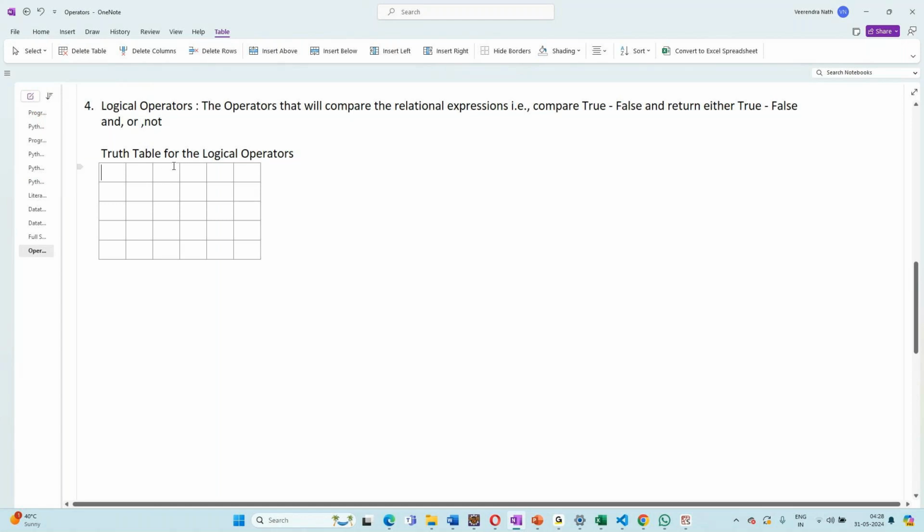Here I will take relational expression 1 and relational expression 2, and here I will say relational expression 1 and relational expression 2, then relational expression 1 or relational expression 2, and then not of relational expression 1 and not of relational expression 2.